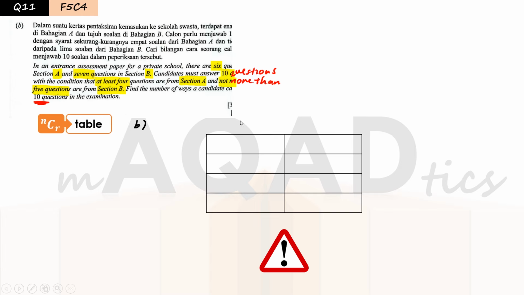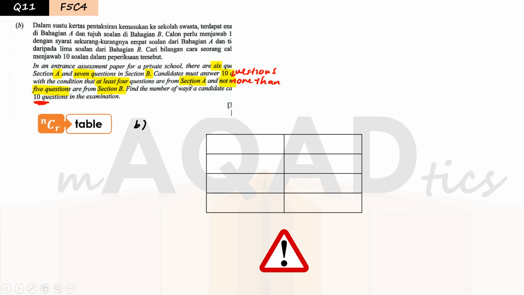For the columns here, what I'm going to put usually is the number of groups that we have. For this question, it is the number of groups of questions, because here we have 2 groups of questions.